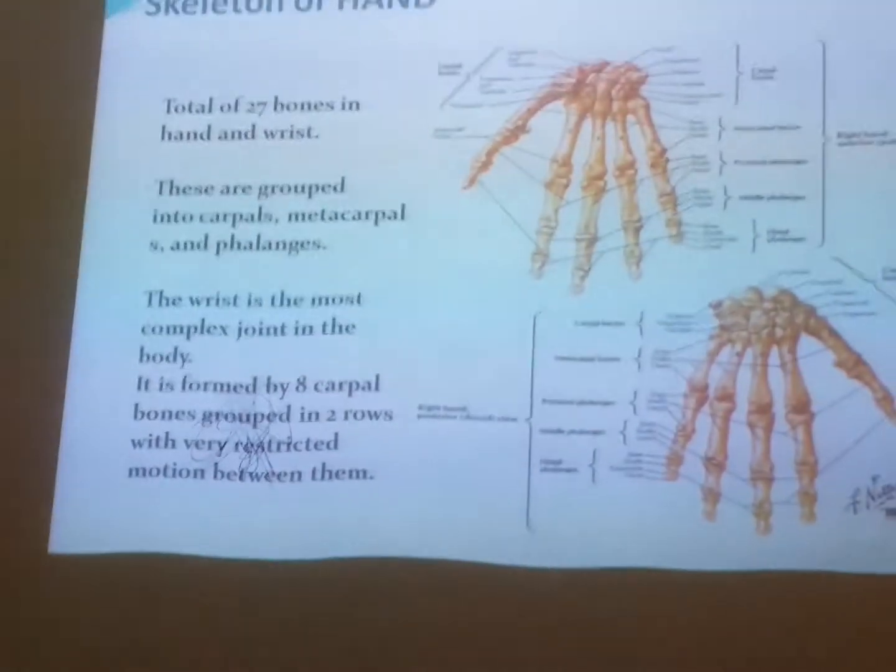And very importantly, the absence of superficial veins in the palm, and even in the sole of the foot. Why no superficial veins in the palm? Common sense. You are doing some work, that is holding in grip. When you do the grip, there won't be any venous blood flow towards the upper side.